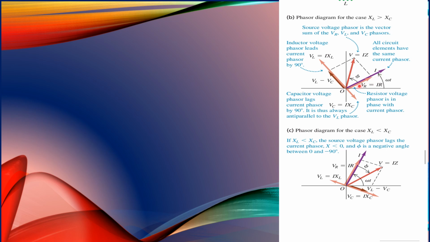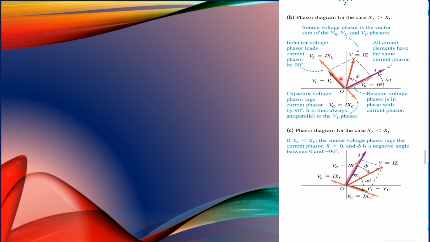Now, the other voltage phasors, for example, the inductor voltage phasor, represented here by this arrow colored orange in the second quadrant. This inductor voltage phasor leads the current phasor by 90 degrees.